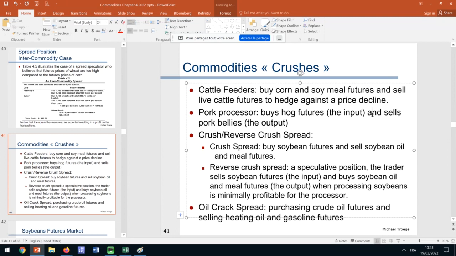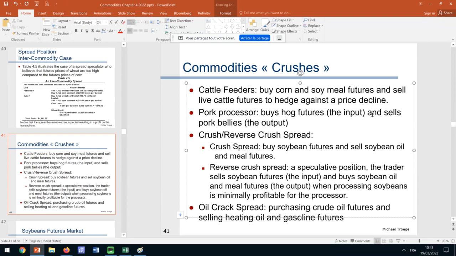They have to buy the feeder cattle, they have to buy the corn, and then they can sell the live cattle. If the price difference is not large enough, these farmers cannot make a profit, so they will stop buying feeder cattle, and the price goes down. They will also stop selling live cattle because they don't produce them anymore. So the slope, the difference between the feeder and the live cattle, will go up.